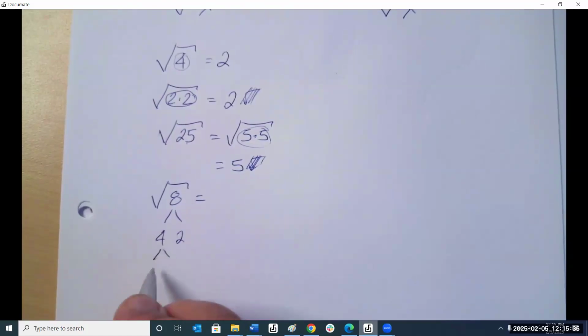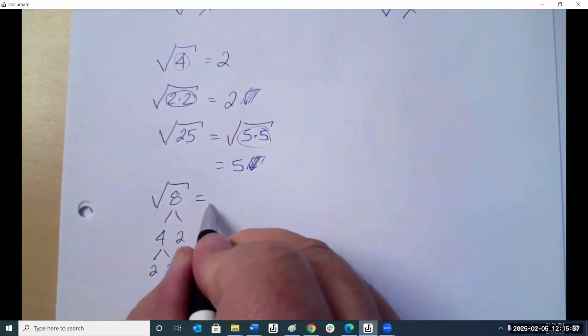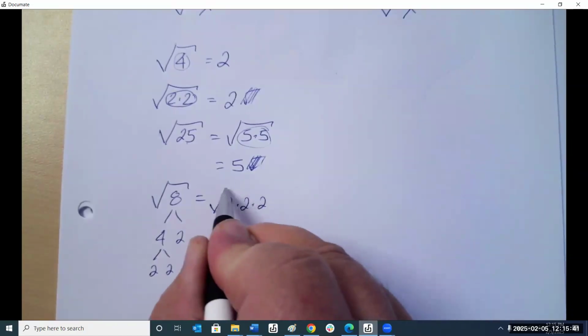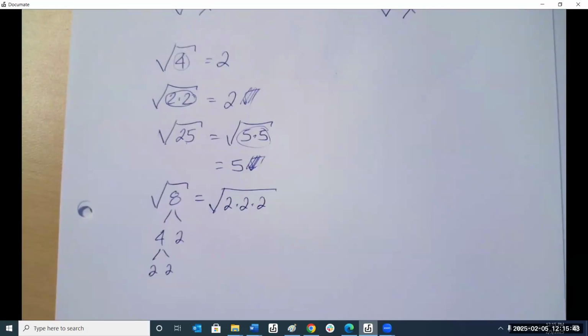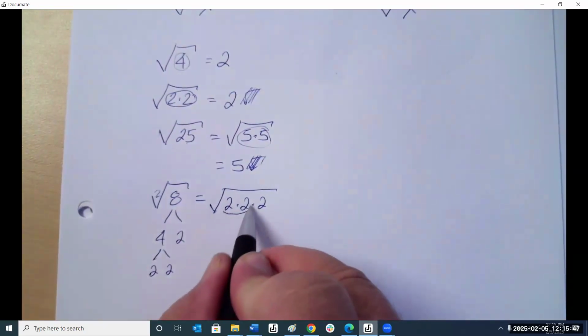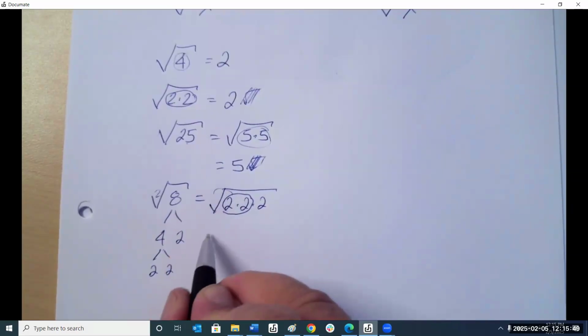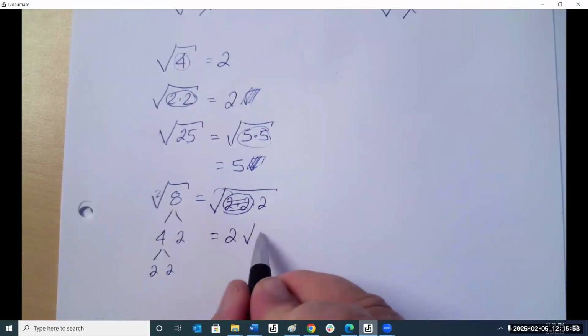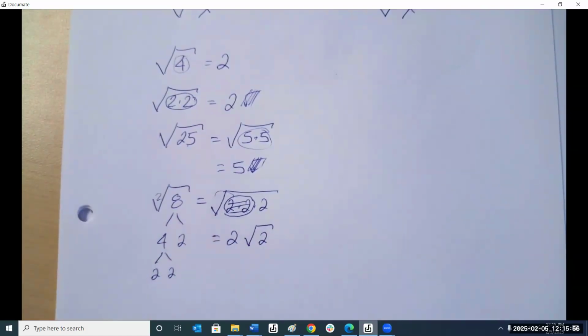What is 4 made up of? So 8 is made up of 2 times 2 times 2. This number here tells me I need 2 of a kind. Here's 2 of a kind. It comes out in front. So what's left inside there? There's the answer. That's how you simplify a radical.